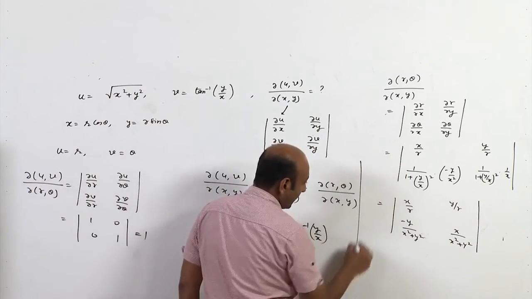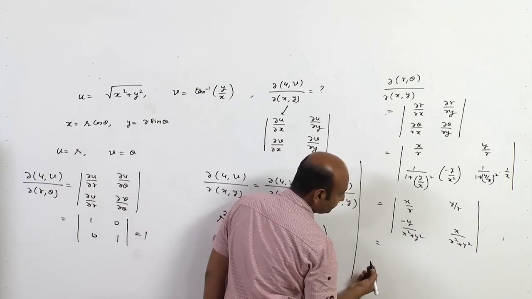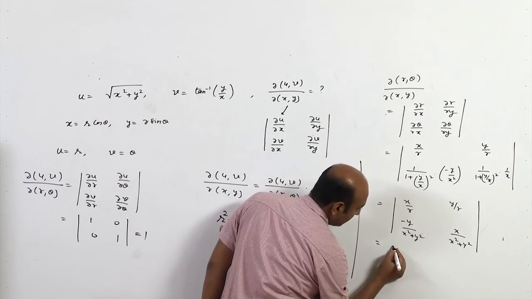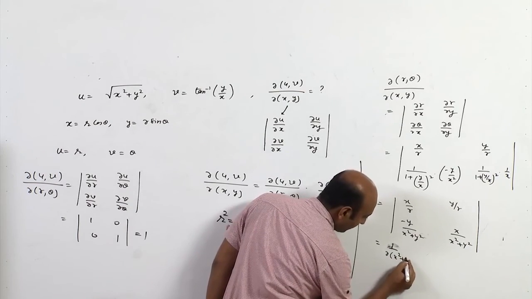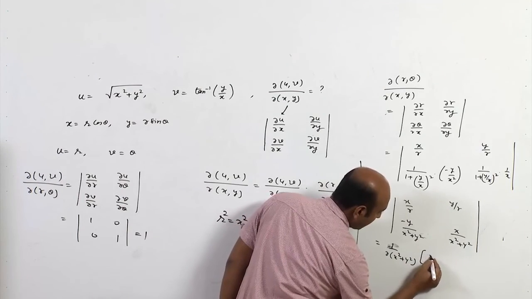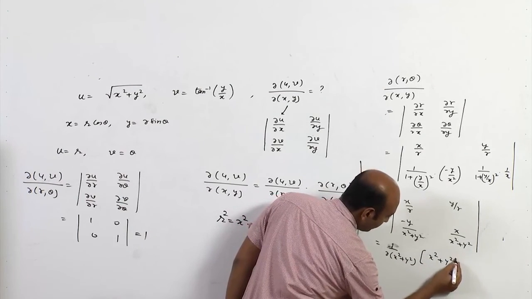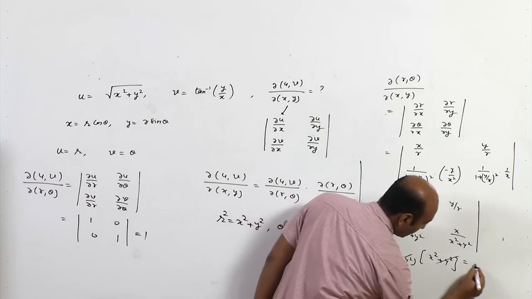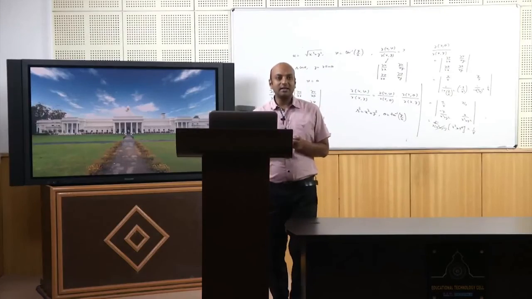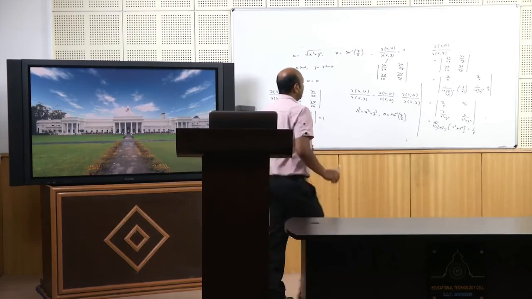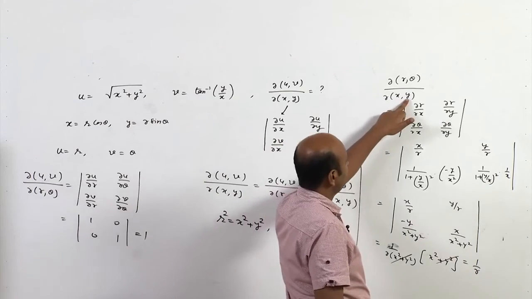And this is equal to 1 by r, where x square plus y square cancel out. So, it is a result that del(r,theta) upon del(x,y) is 1 by r.